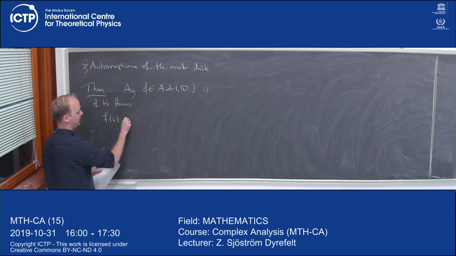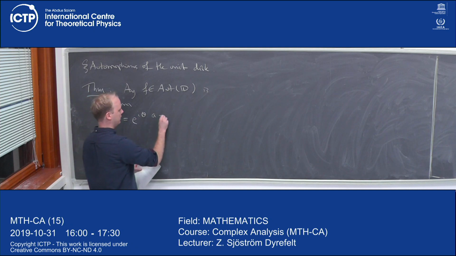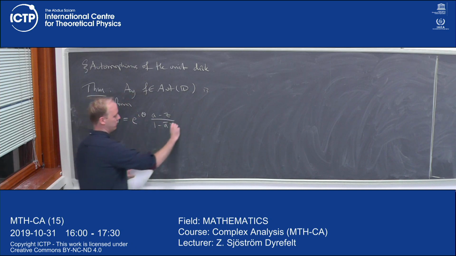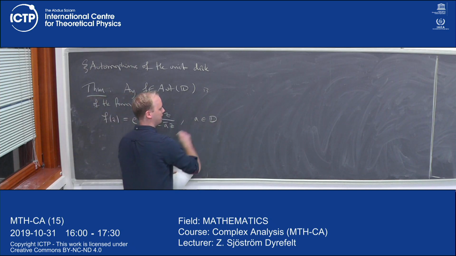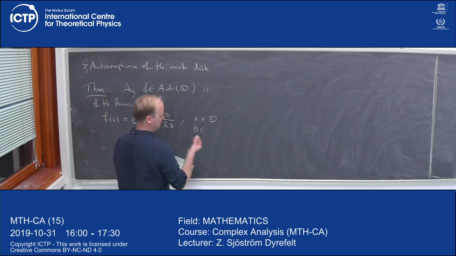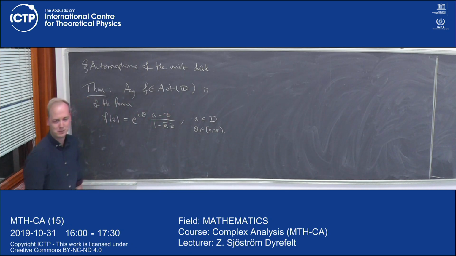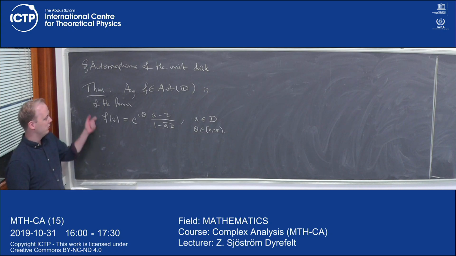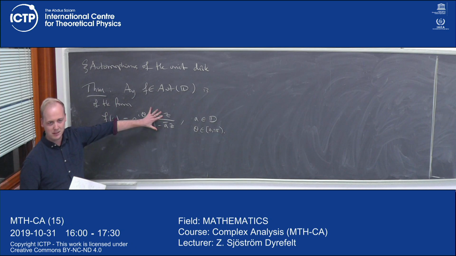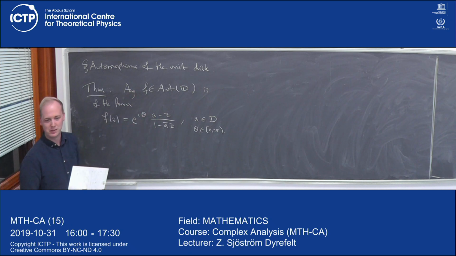It's f of z equals a rotation e to the i theta times phi a of z, which is a minus z over 1 minus a bar z, where a is a complex number in the disk, so of absolute value less than 1, and theta is a real number, but let's put it in 0 to 2 pi for reasons of periodicity. So any automorphism is of this form, and we checked last time that actually any such f is an automorphism.